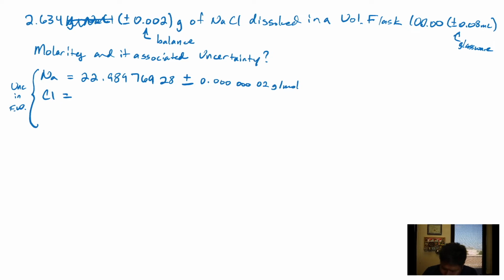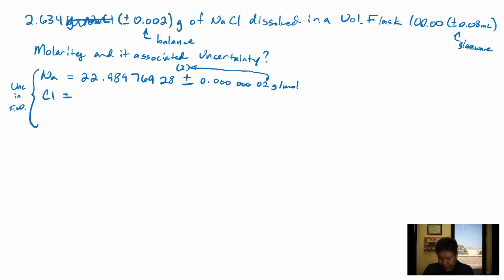Remember, when you saw this in the textbook and in the chart, you saw 22.989766928 grams, and then at the end there was a parentheses with a 2. That 2 means that's the uncertainty in the last digit, which means that your uncertainty will be all of the digits after the decimal point of the reported value, and then the last one will be the number that's in the parentheses right here. So that's what goes right there.